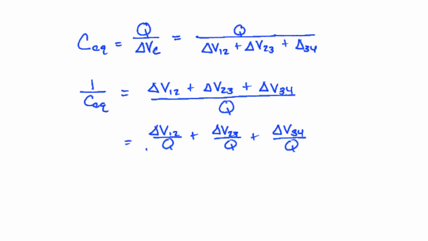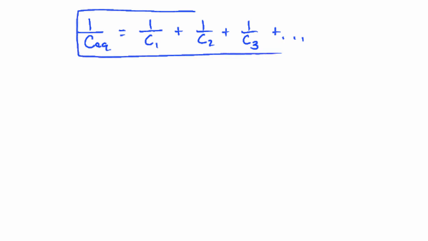Now you'll notice that this first one here is 1 over the capacitance of the first capacitor, 1 over capacitance of the second, and 1 over the capacitance of the third. So if I rewrite this, I find a relationship between equivalent capacitance and the capacitance of the individual capacitors if they are in series.